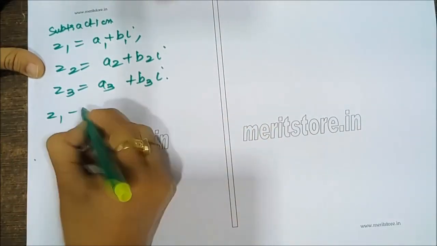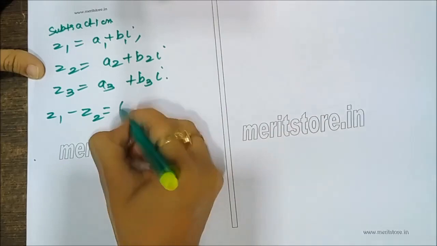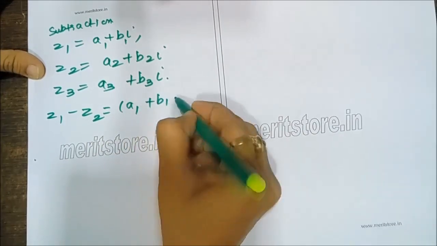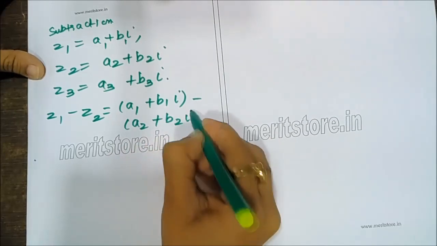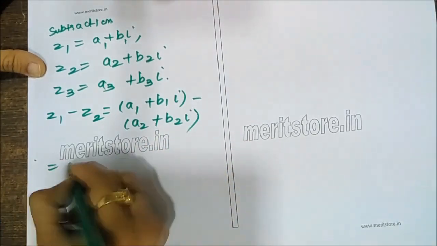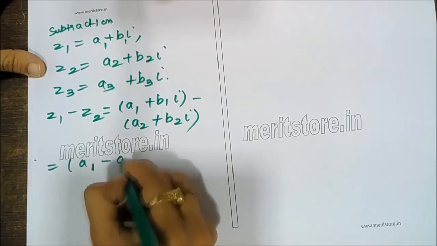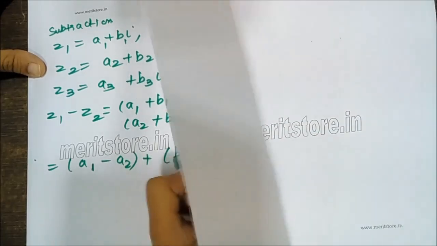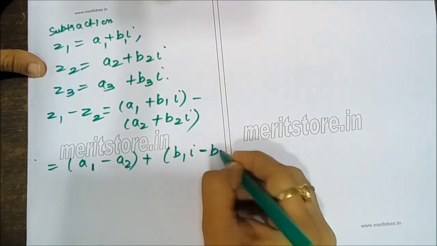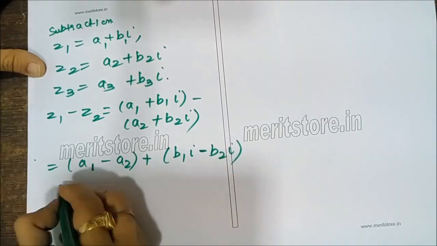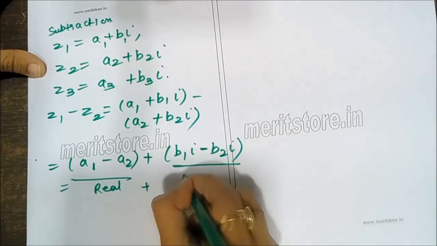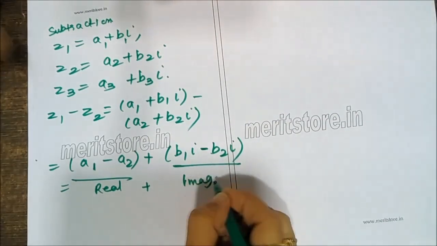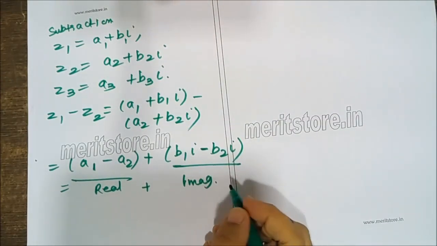So Z1 minus Z2 is a1 plus b1i minus a2 plus b2i. Here, real part together, imaginary part together, whatever is your answer. But you will split first both of them and then you write your answer.